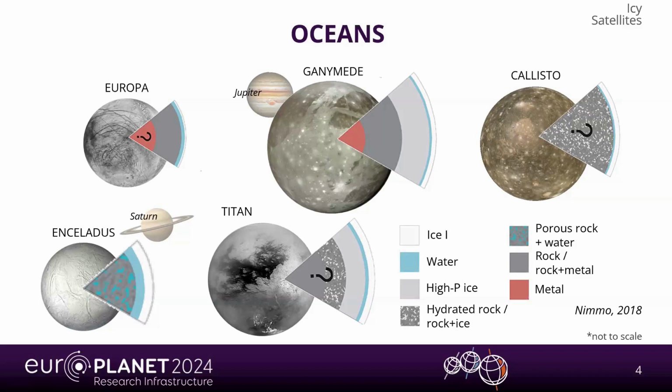Since, as we know, life began in liquid water on Earth, and this is why we are searching for water in a liquid phase, of course, across the solar system. So to find possible extraterrestrial forms of life.